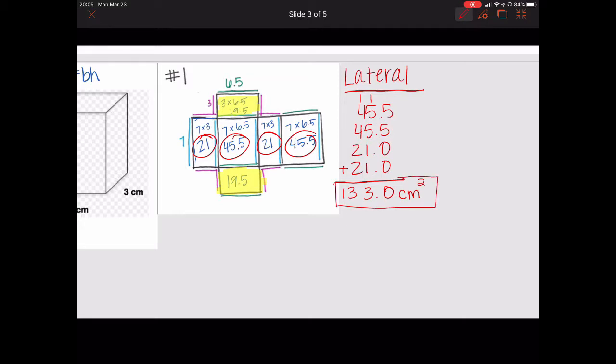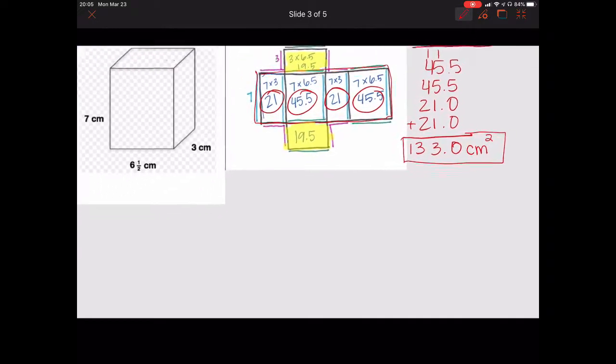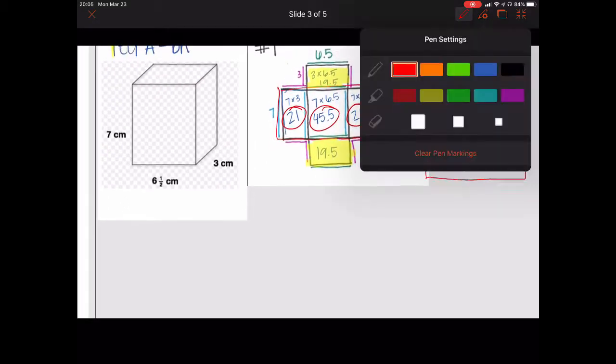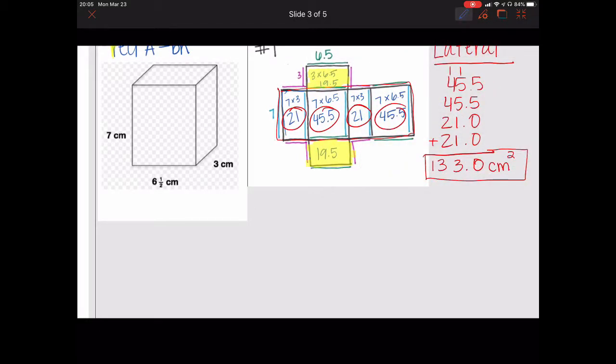So this box right here takes up lateral, so everything but the bases. So down here, I'm going to pick a different color real quick. We're going to do our total surface area. So total is all of the sides.